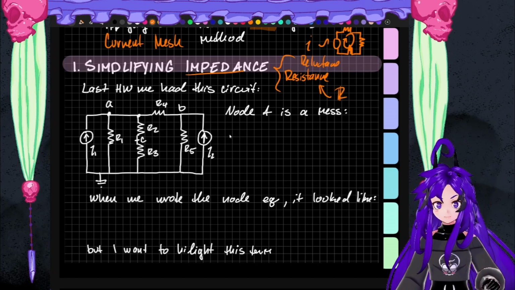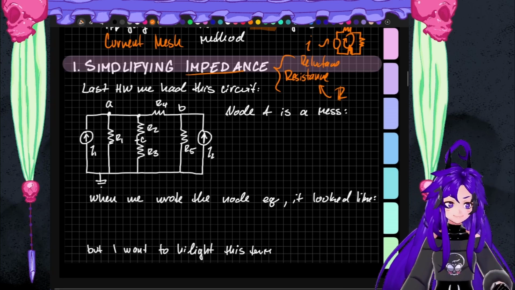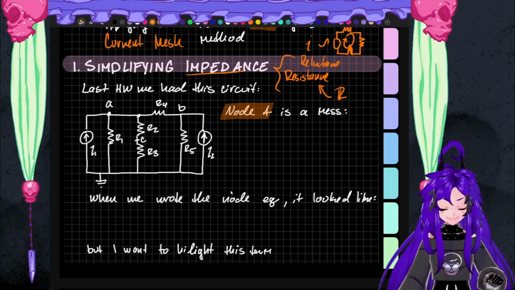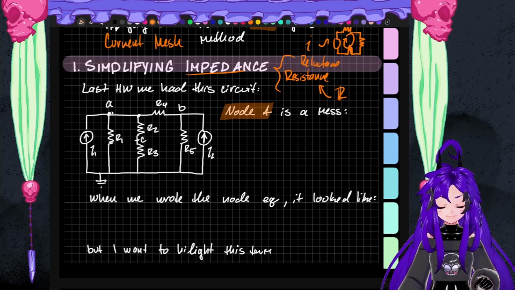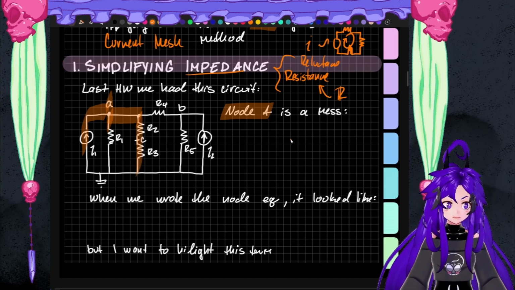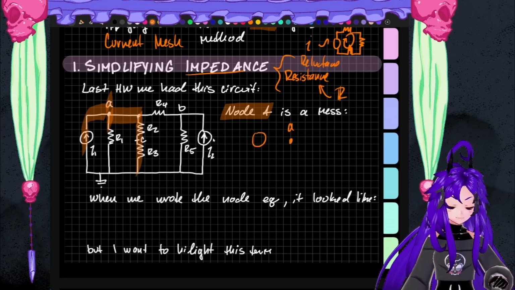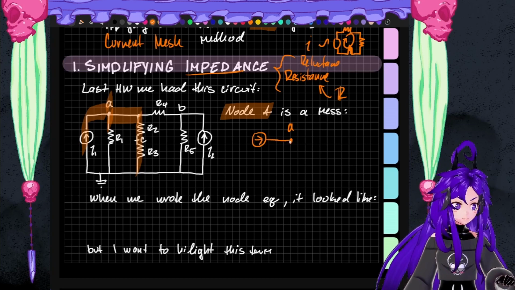So, last homework, we saw this circuit. And we saw that node A is kind of a mess. Node A is labeled here, but we also see that this current source is going into it. And since there's nothing going on in this wire, this point is also node A. So these two resistors are inside of node A. If we draw it out as one condensed node, we'll end up with that source attached.